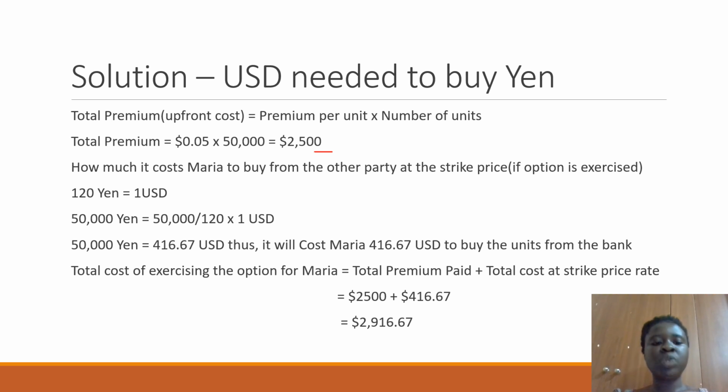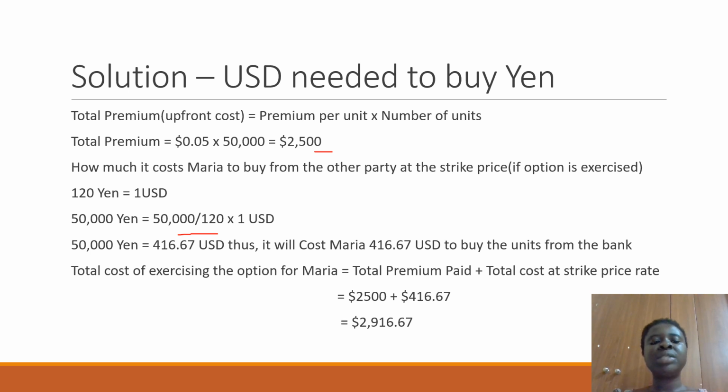If 120 yen is $1, then how much will the 50,000 yen cost her? You just divide: we have the 50,000 divided by the 120 yen times the USD.